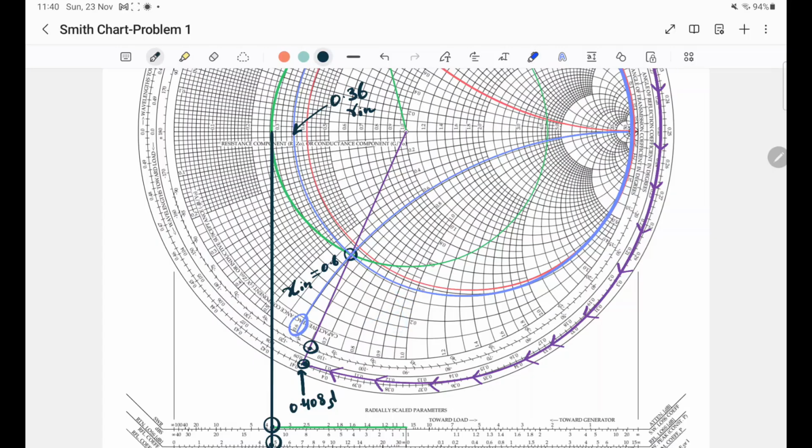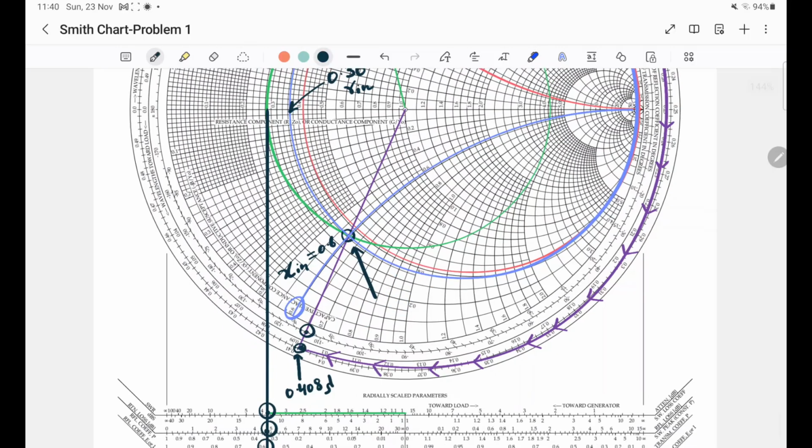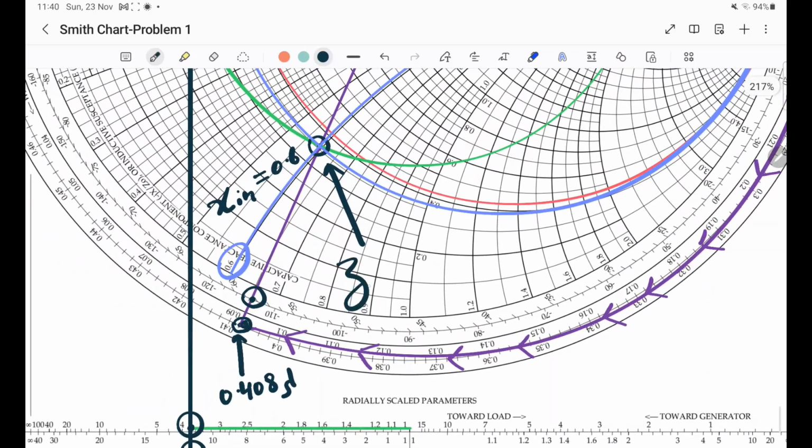All right, so this point is basically representing ZIN, which is equal to 0.36 minus J 0.6 ohm. Okay, now one last thing, you can also find the value of the angle of the reflection coefficient from the input end.